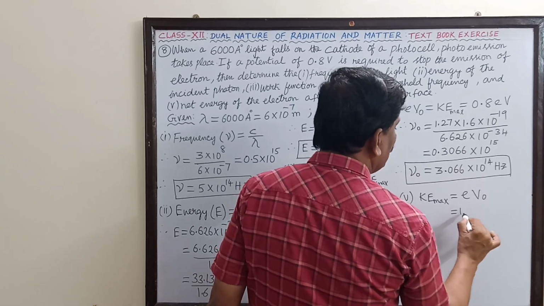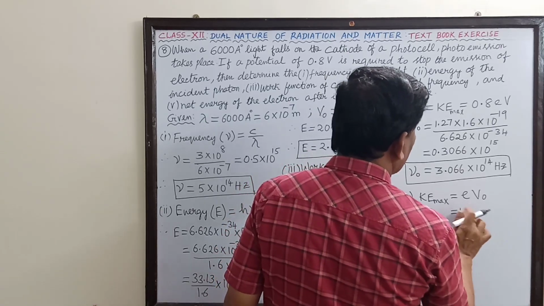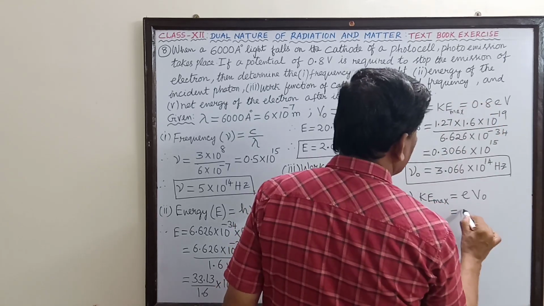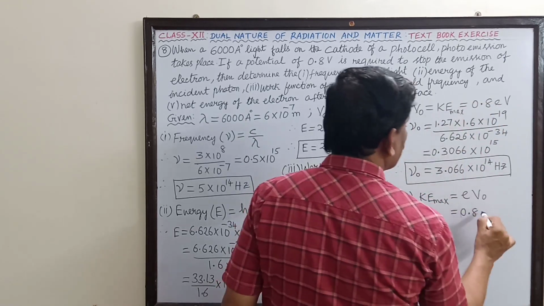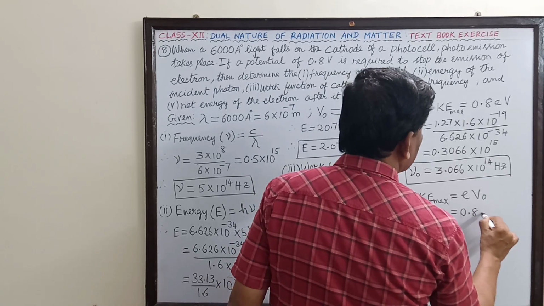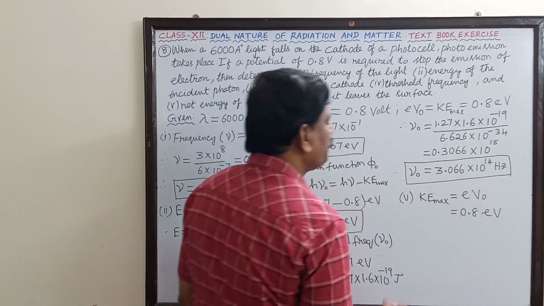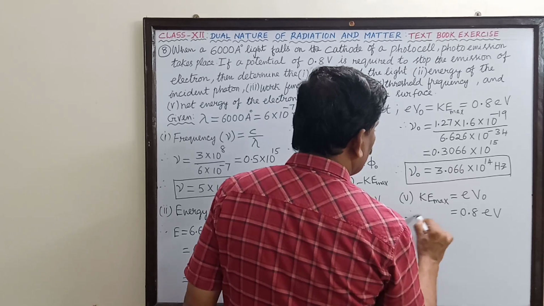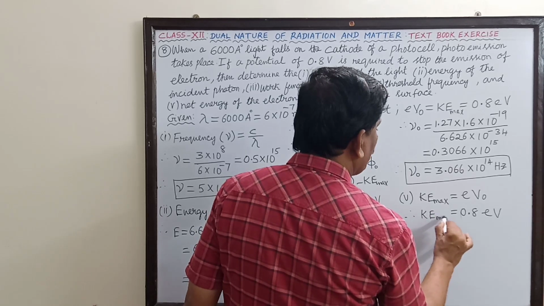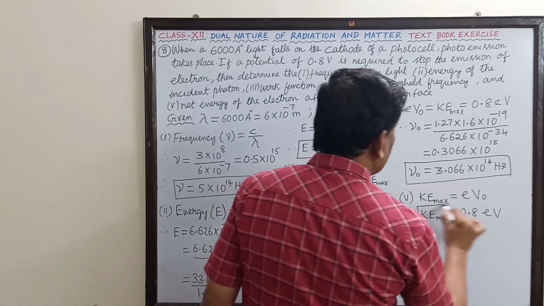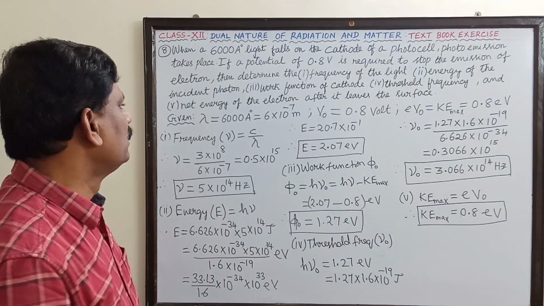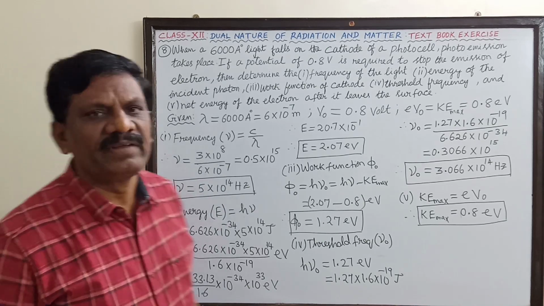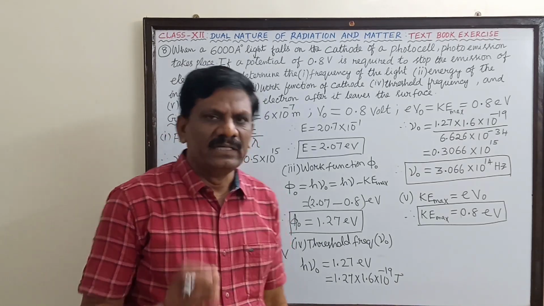Directly we can write, electronic charge into 0.8 volt. So 0.8, this is electron volt. Therefore, Ke maximum is 0.8 electron volt.